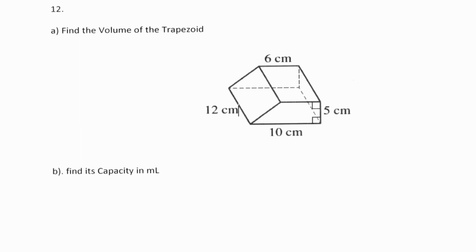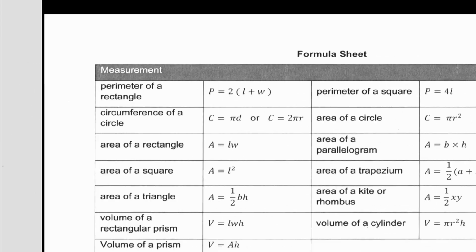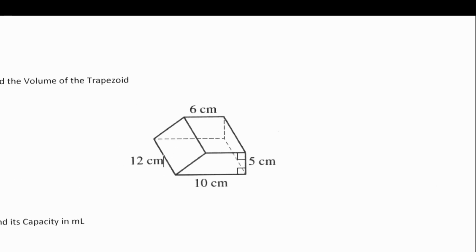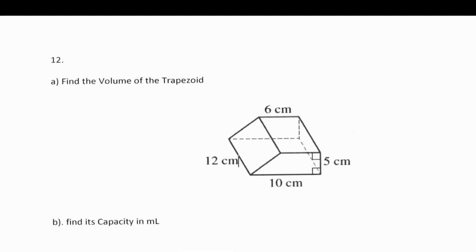And we look for the area of a trapezium. The area of a trapezium is right here: half a plus b h. So that is area equals half a plus b.